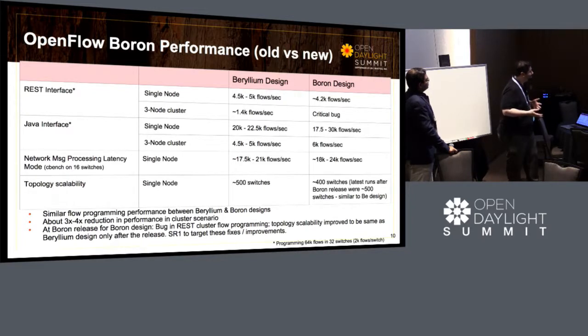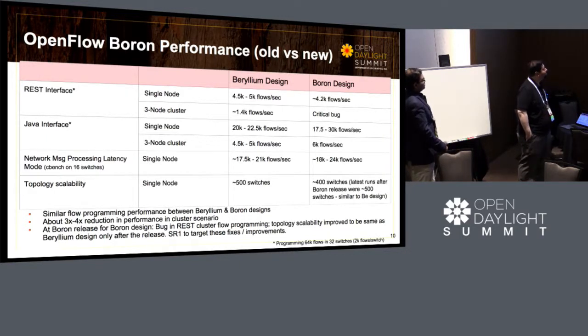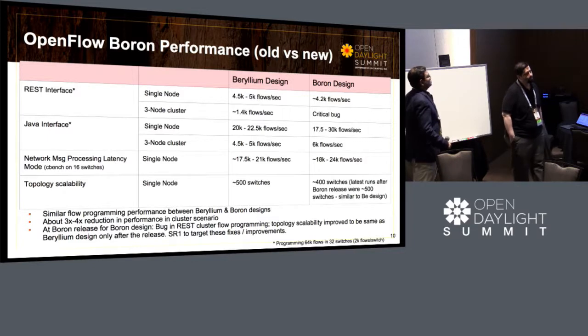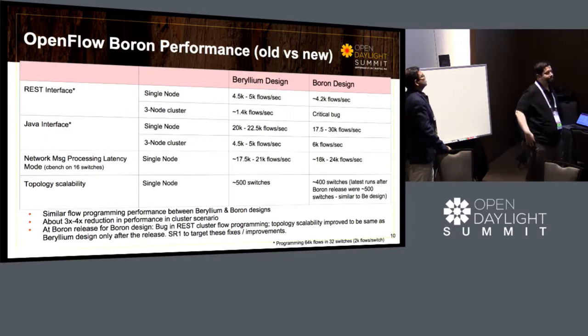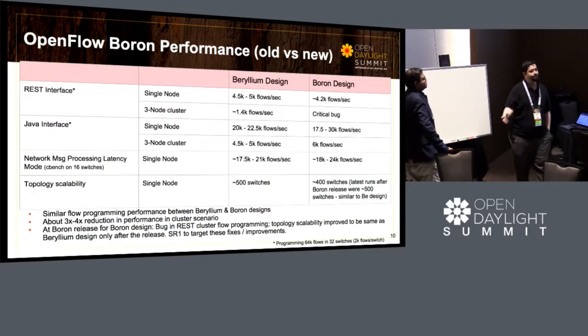In the clustering situation, however, the tests tend to show a huge drop. So we need to look into that as a bug. It's also possible that the clustering tests are a little pathological, in terms of where the test is done and where the flow programming happens, which controls the node. But it's something that we need to look into.